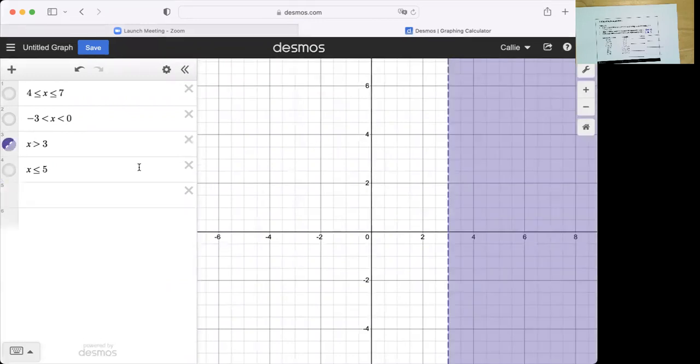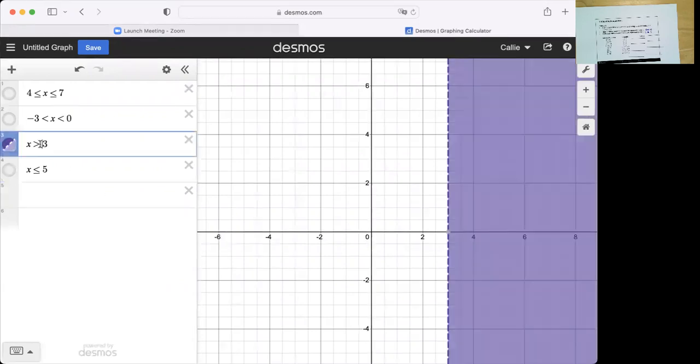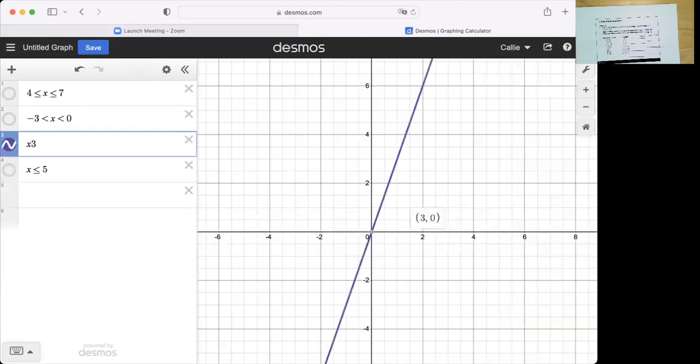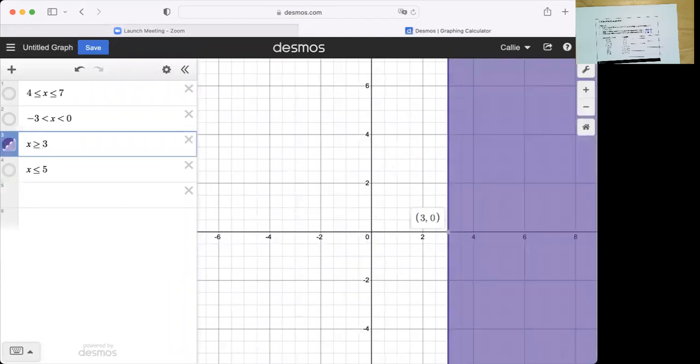What we're saying is that our graph starts at 3 and goes forever in the positive infinity direction. It's greater than 3, and so it's a dashed line. If it was greater than or equal to 3, it would be a solid line because it would also include 3.